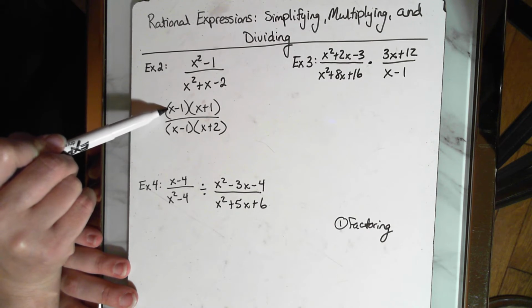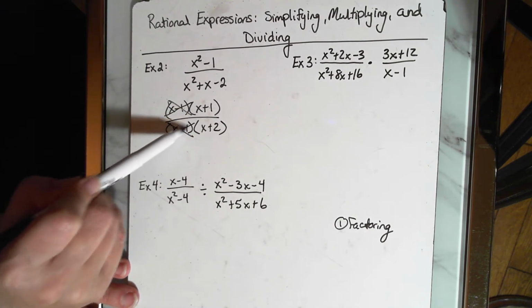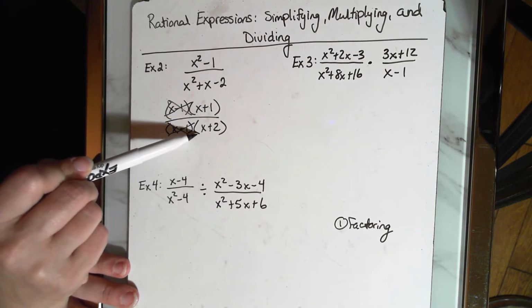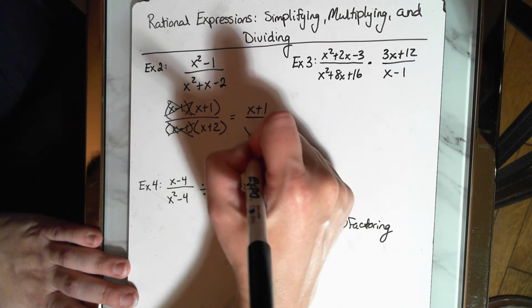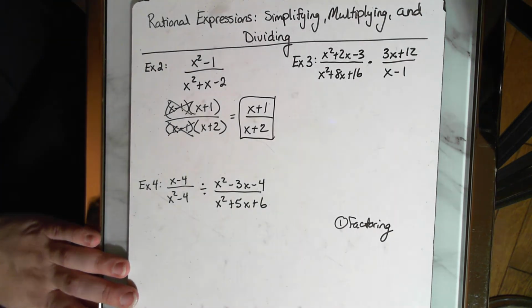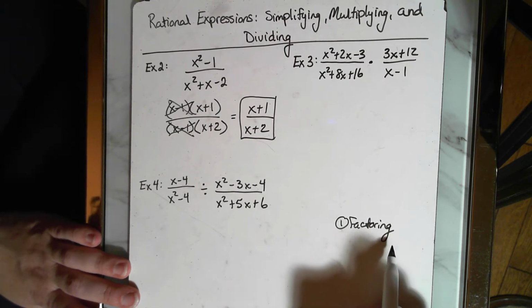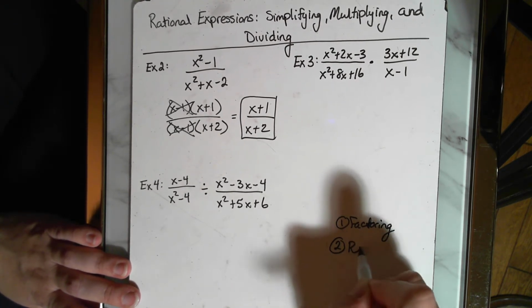So this x minus 1 is up here and down here, so I just reduce it out. It just gets crossed out, and this is what I'm left with. So I get x plus 1 over x plus 2, and that is my result. So you always start out with factoring, and you always want to reduce.